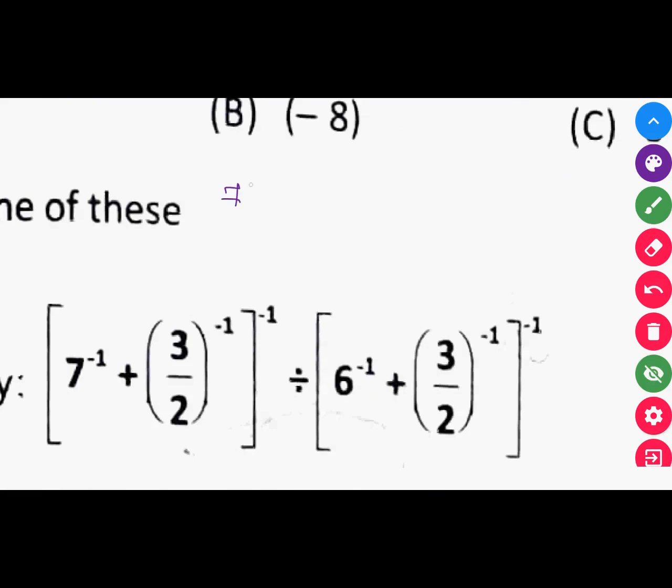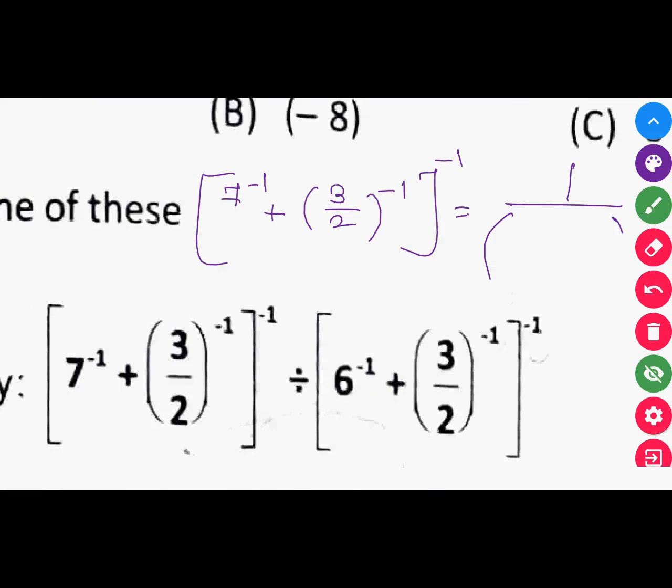7^-1 + (3/2)^-1, whole raised to -1, is equal to 1 upon (1/7 + 2/3).